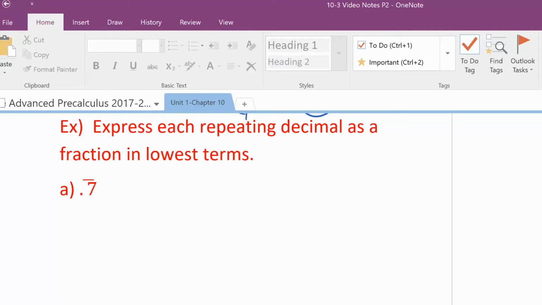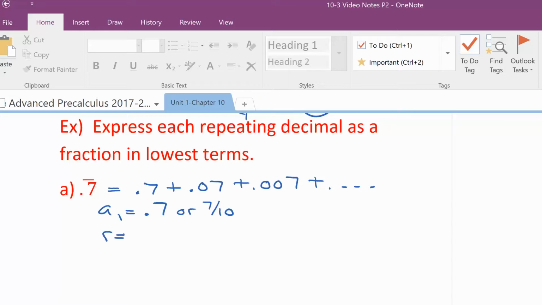Now, you can use this to help you change a repeating decimal into a fraction. Because this repeating decimal is the same as 0.7 plus 0.07 plus 0.007 and so on. So that's why it's a geometric series. The first term in the sequence is 0.7 or 7/10. The common ratio, if you look at it, is 0.07 or 7/100 divided by 7/10.